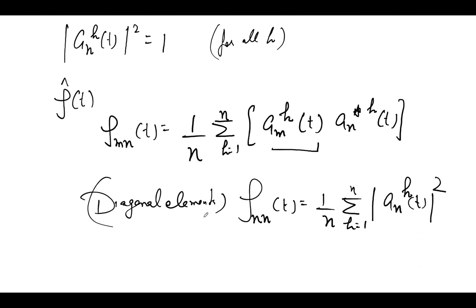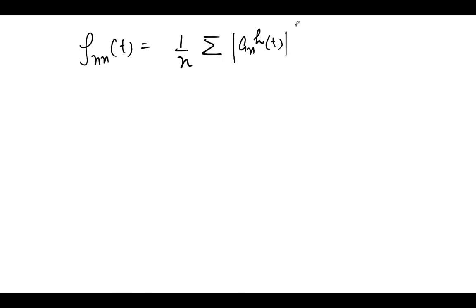So this equation for the density matrix, density of n and t, we can write as 1 over N summation of |a_nk(t)|², which is equal to 1 for all k values.